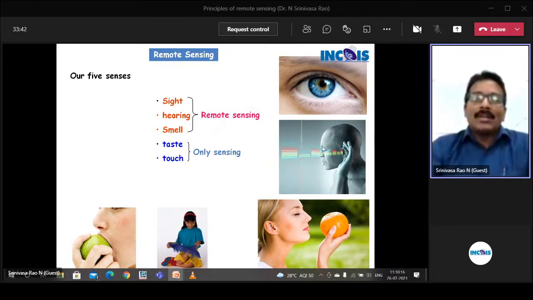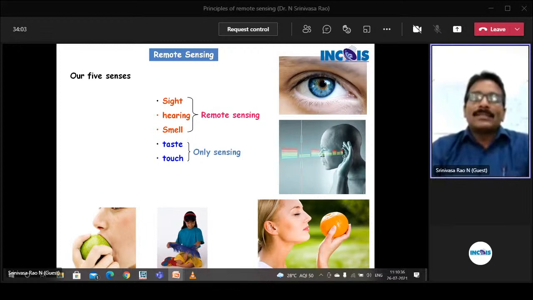Similarly, how do our ears work? Just if you are sitting in a room and any vehicle is moving outside, you are not seeing that vehicle and not touching it, but based on the sound we can sense whether it is a two-wheeler, bus, auto, lorry or anything.